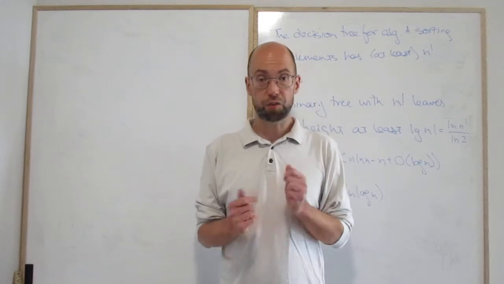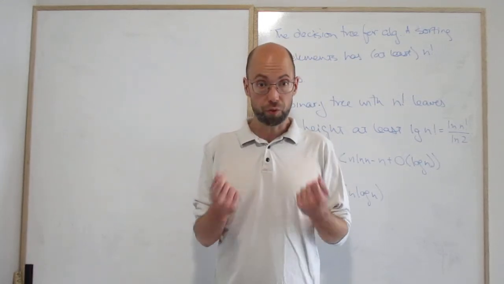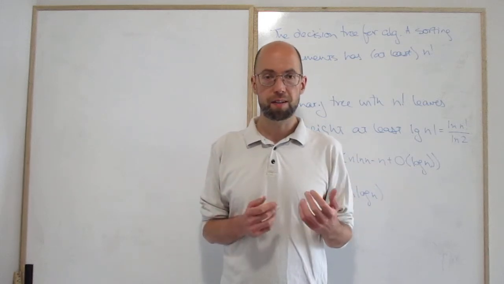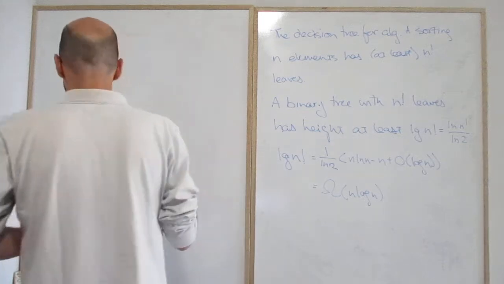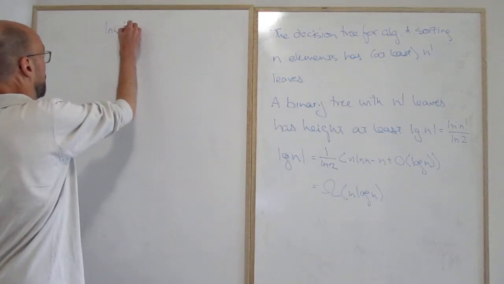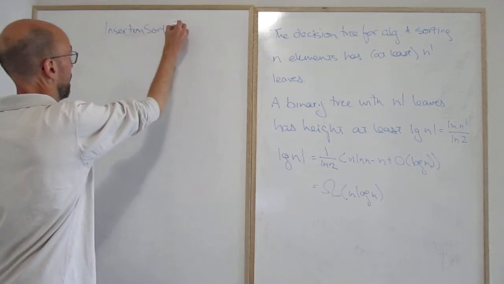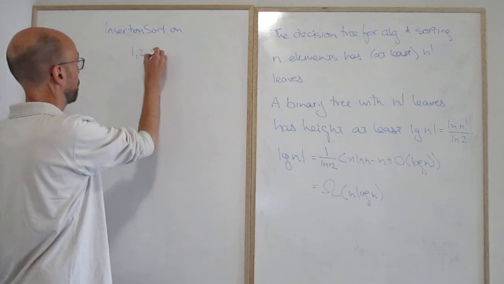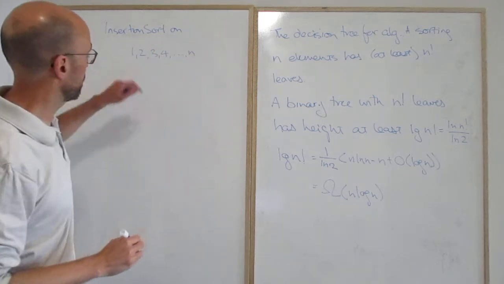If you take insertion sort, it also has a worst case that's n squared. That's omega n squared. It's actually theta n squared. You can see this if you imagine running insertion sort on 1, 2, 3, 4, up to n. What's it going to do?